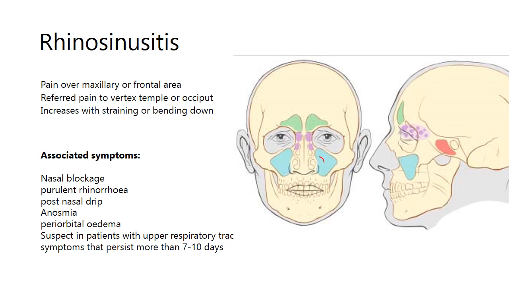If I just draw a line here, actually they drain into the nose in this direction, so they create mucus that has to drain through these meatai, and if they become blocked, then the sinuses themselves aren't able to drain, and so we get an increase of pressure within the sinuses.